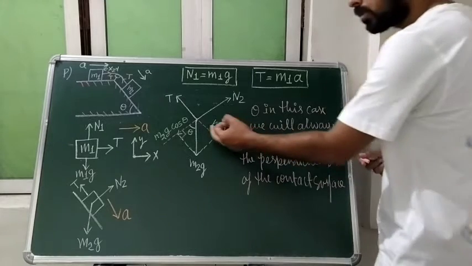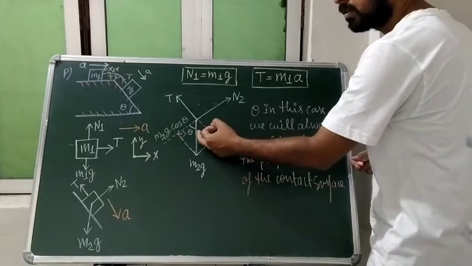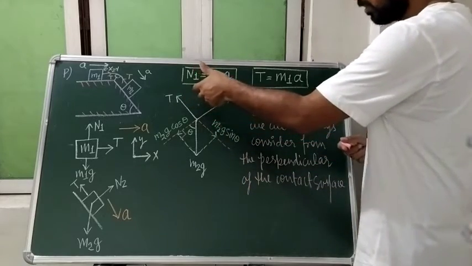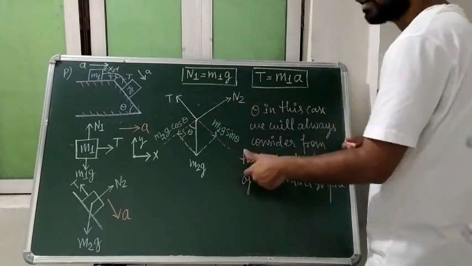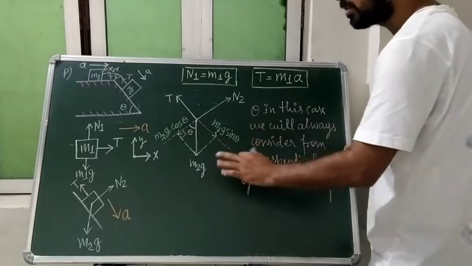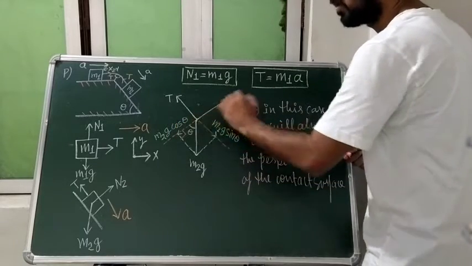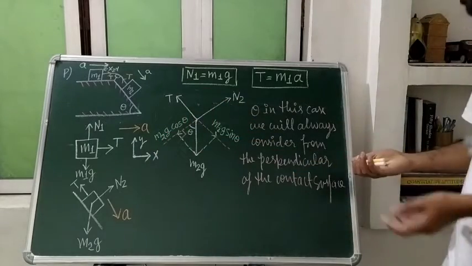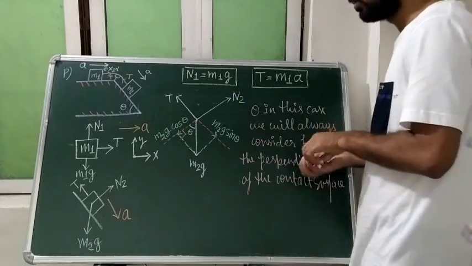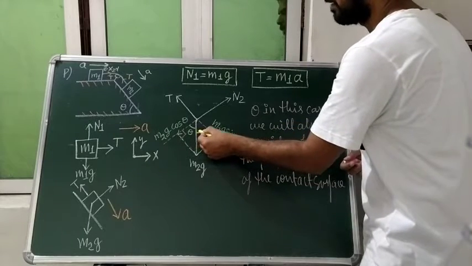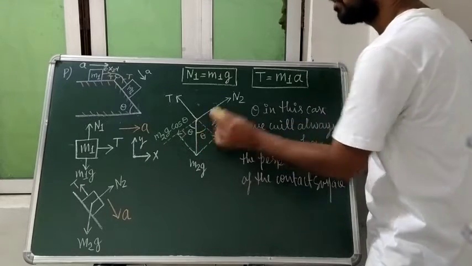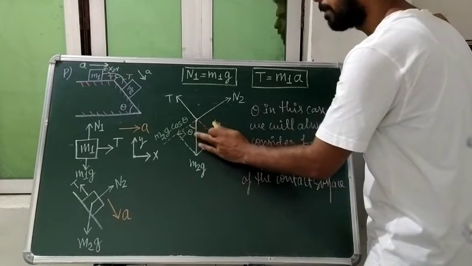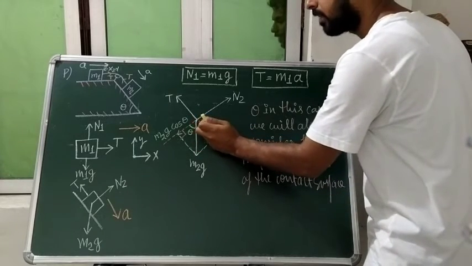No one will choose that theta from along the contact surface. Always you will choose this theta from the perpendicular of that contact surface. So many of you can think to make the theta from here. No, it will become wrong. It will always be from the perpendicular of the contact surface.